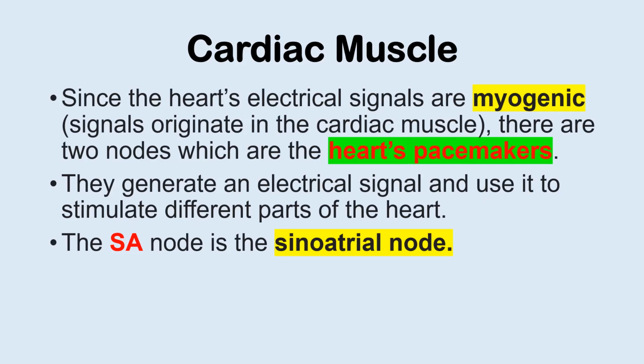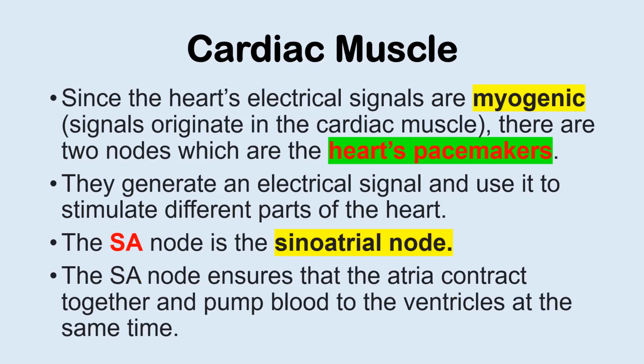The SA node, or the SA pacemaker, if you like. SA stands for sinoatrial node, and it's in the atrium, the atria, the top part. The SA node ensures that the atria contract simultaneously and pump the blood to the ventricles, the bottom bit, simultaneously.